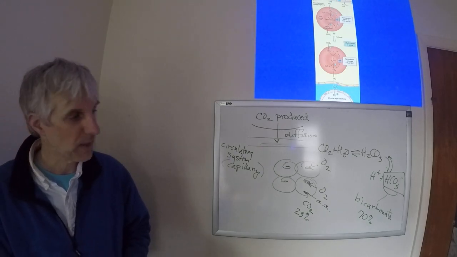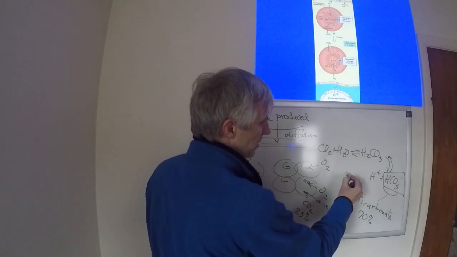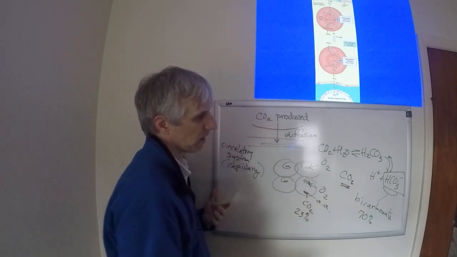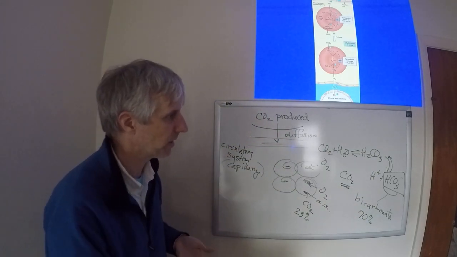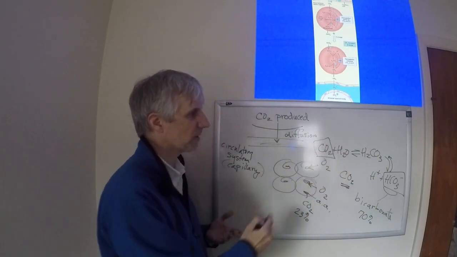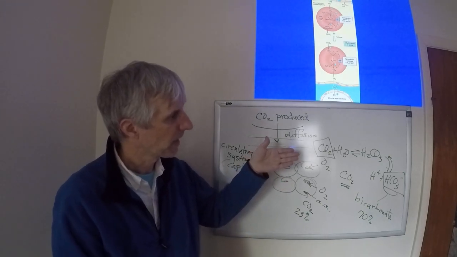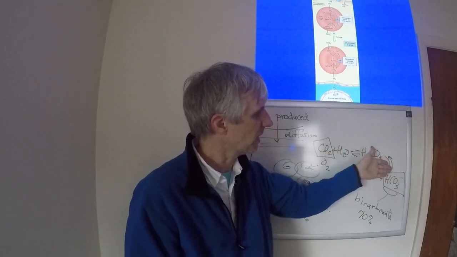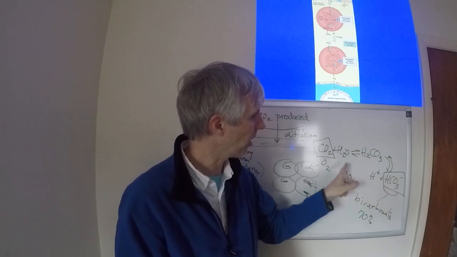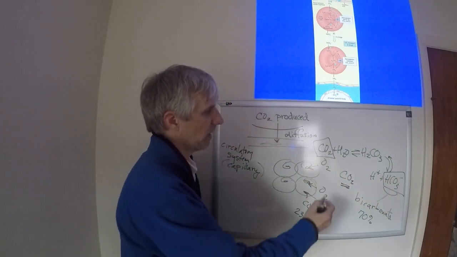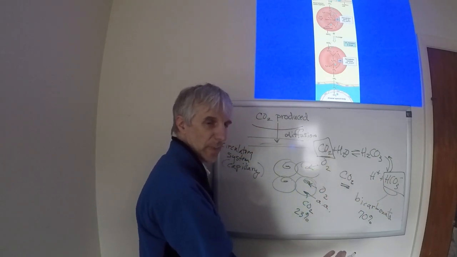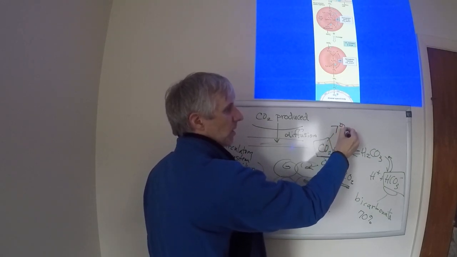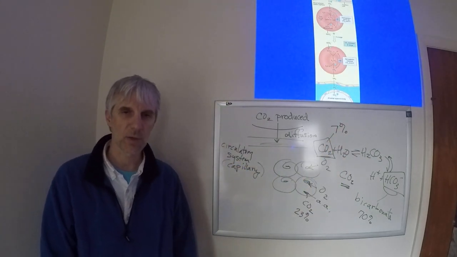Okay? And then finally, there is some CO2 that stays directly as CO2, because after all, this is a dynamic equilibrium. At some point, we reach an equilibrium here with bicarbonate and CO2, and some of the carbon that's remaining as CO2 will be dissolved within the circulatory system.